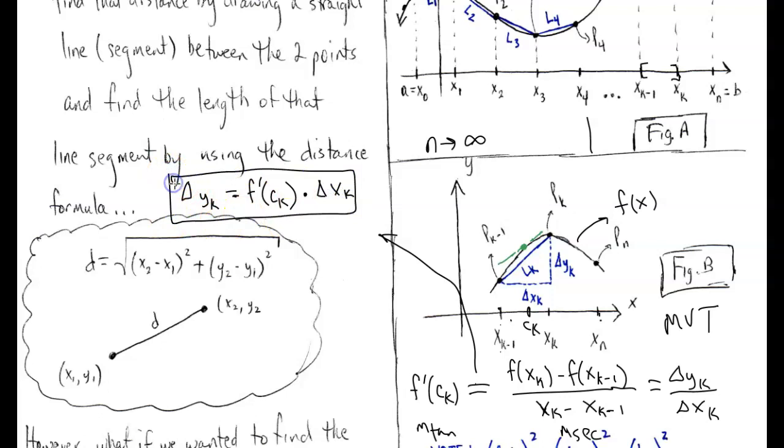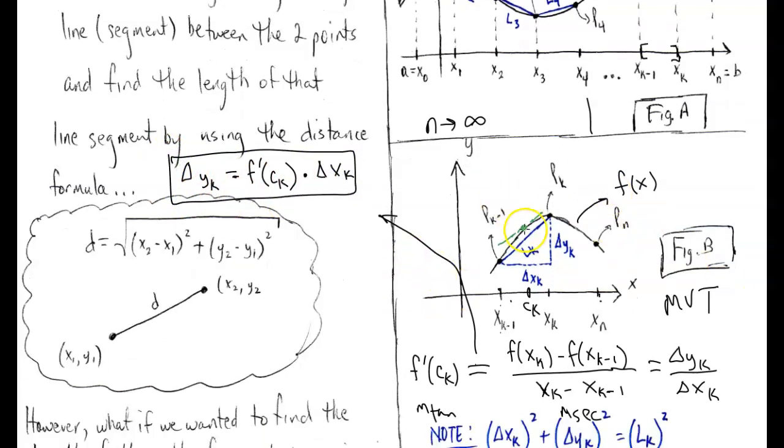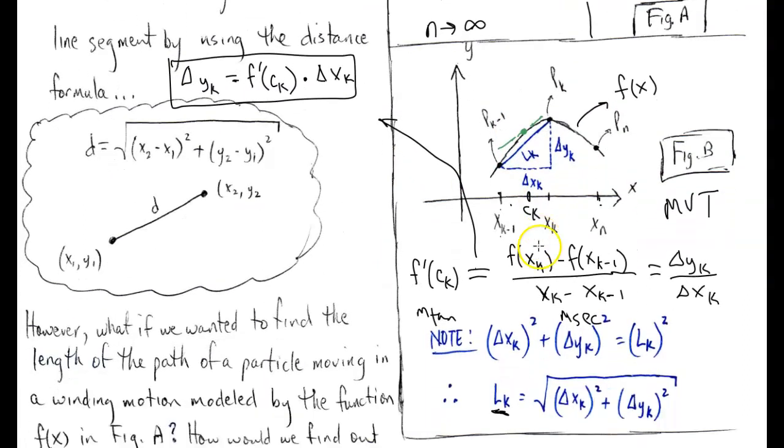And the reason this is important is that we now have a way of expressing the length of this very small piece of our function in terms of purely x sub k, because I could take what this is here and express it as the derivative of f evaluated at c sub k times the change in x sub k. So I could do that.